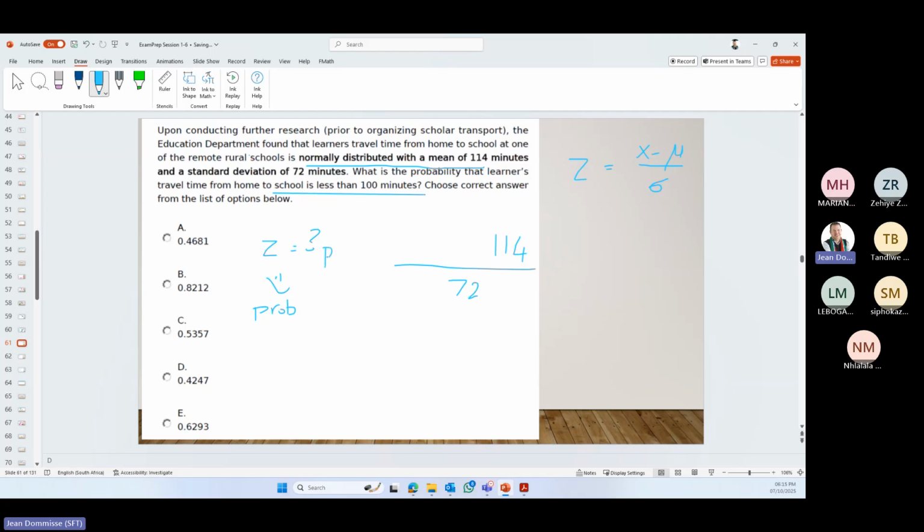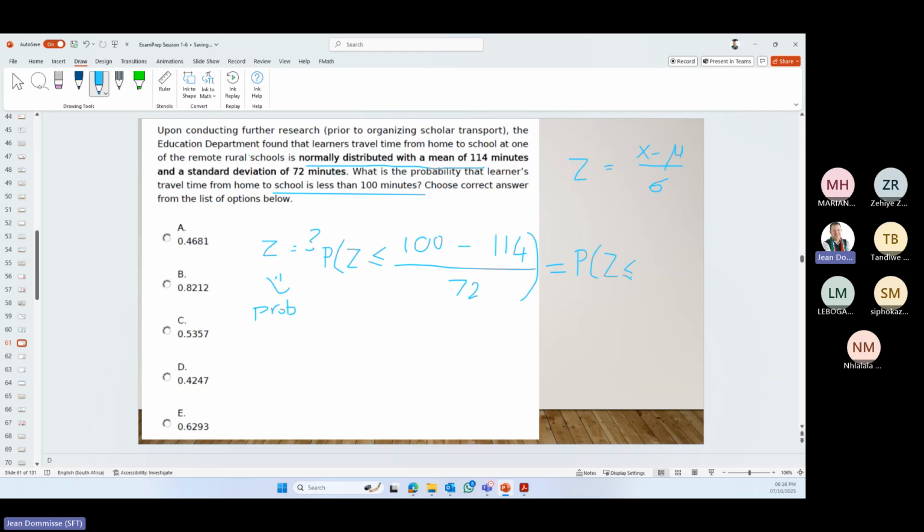So let's write that out. What's the probability that the learner's time is less than 100 minutes? Okay, so that's basically what they are asking us. So what's the probability that the Z is less than?